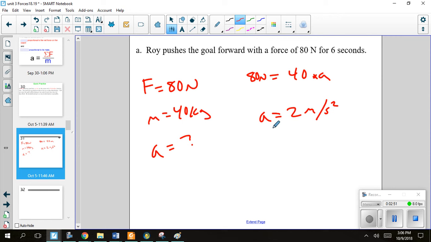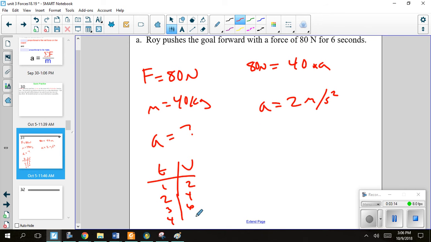If we're accelerating, our velocity is going to change by 2 meters per second every single second. So in a time and velocity table, at 1 second it's at 2, 2 seconds, 4, 3 seconds, 6, 4 seconds, 8. You catch the pattern here.